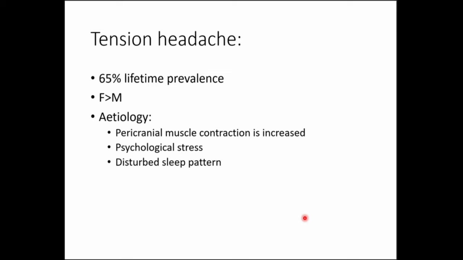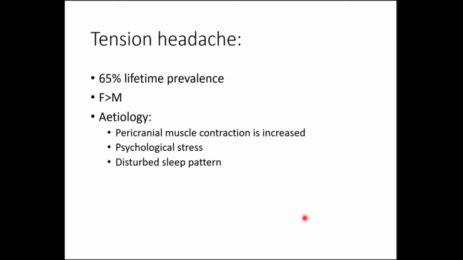So say you could find tension headaches in a 15-year-old child who's having difficulties with their examinations, or an 80-year-old person who's worried about the loss of function, and then the worry that they may have to go to a nursing home, a care home, for example.